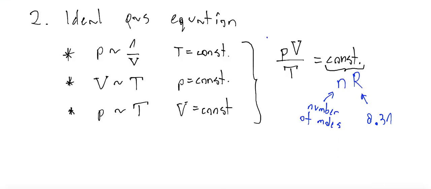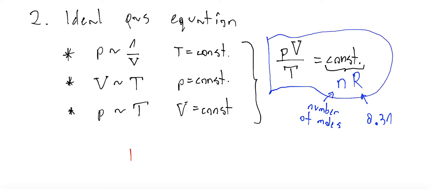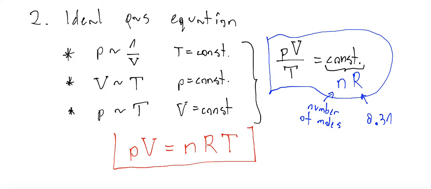Okay, this equation can be written in a slightly different form. P times V, pressure times volume, is equal to nRT: number of moles, gas constant, times absolute temperature.